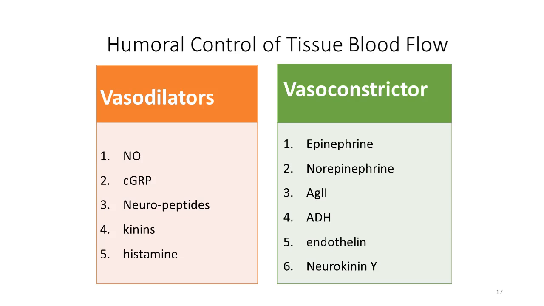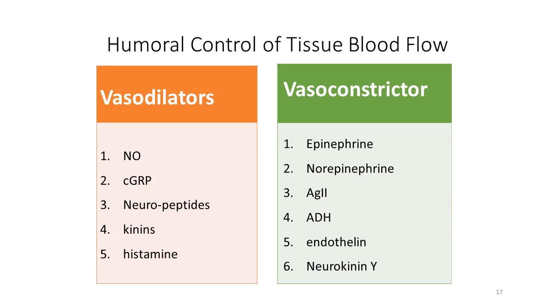Some neuropeptides, such as substance P, B, neuropeptide A, neuropeptide B, are categorized as vasodilators. Also, neurokinin Y is a neuropeptide, but neurokinin Y has a vasoconstrictor effect, as you can see in this figure. And some other agents such as kinins and histamines have a vasodilatory effect.